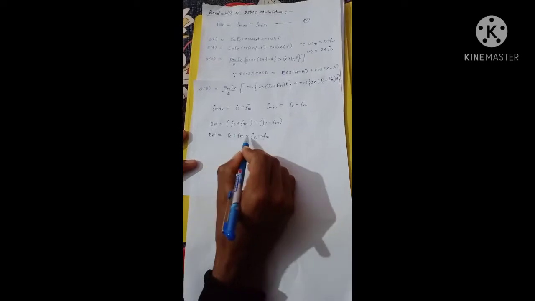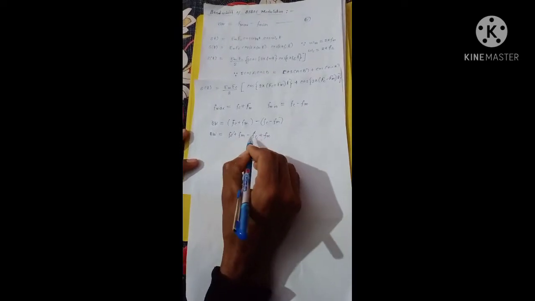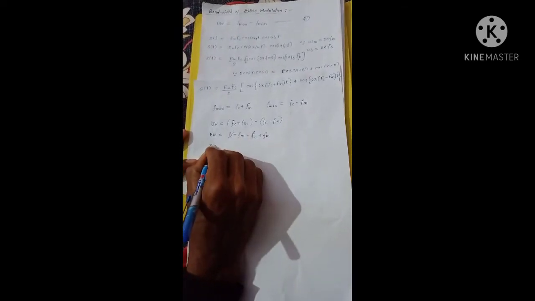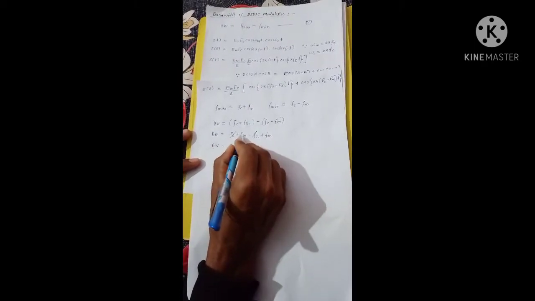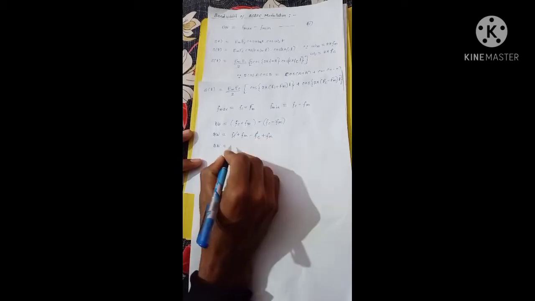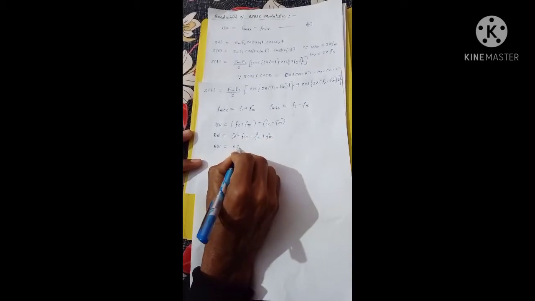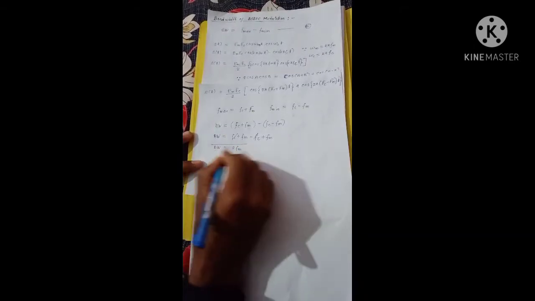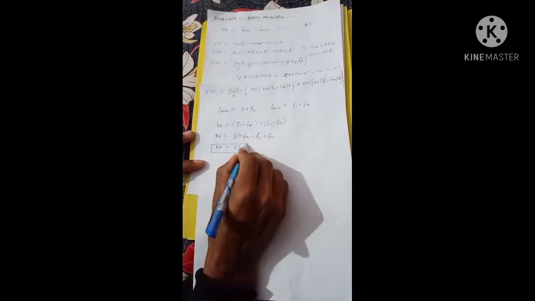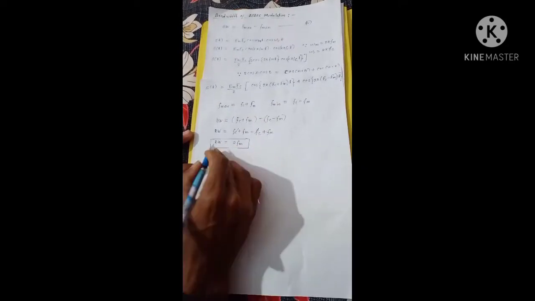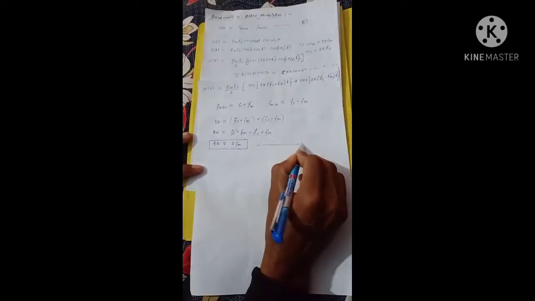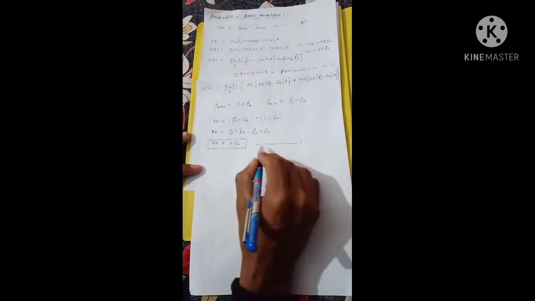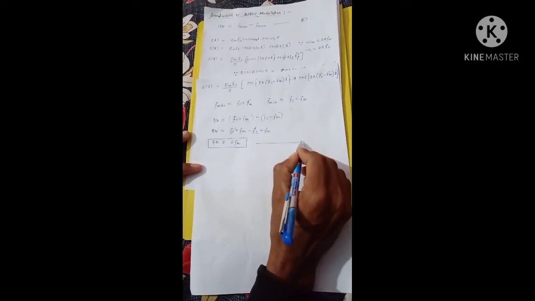Plus fc and minus fc will get cancelled. So bandwidth is equal to fm plus fm, that is 2 fm. This is the equation of bandwidth of DSBSC modulation. Okay, right? Let this be equation fifth.